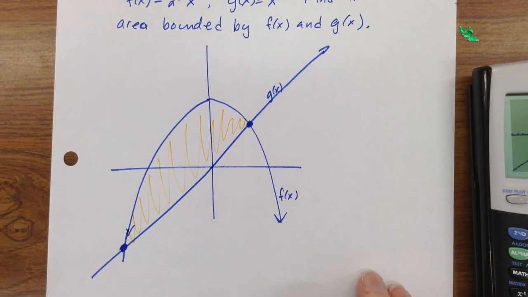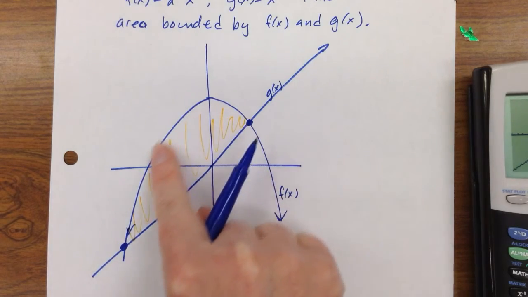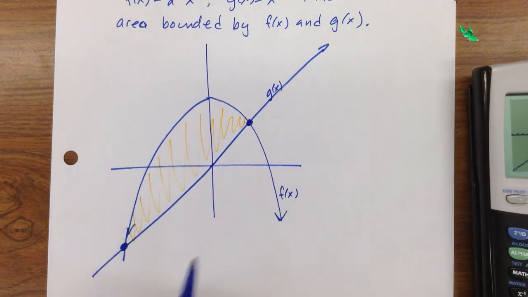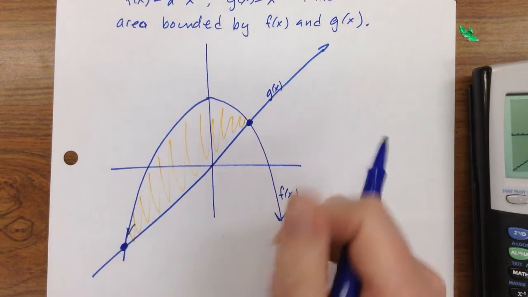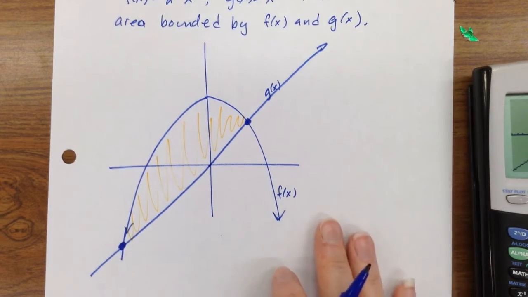Well, the nice thing is, using our previous lesson, we can clearly see that the f curve is the top curve for the whole section. The g of x is the bottom curve for the whole section. The only problem is they didn't hand me limits of integration.